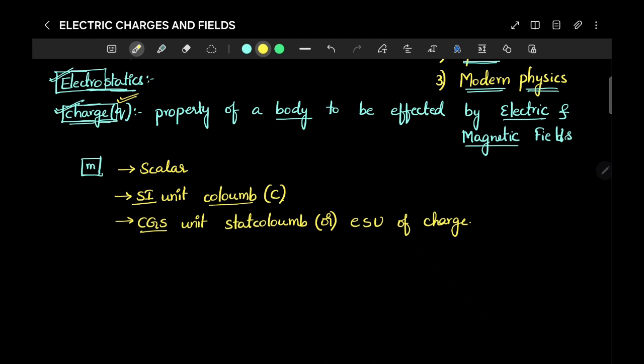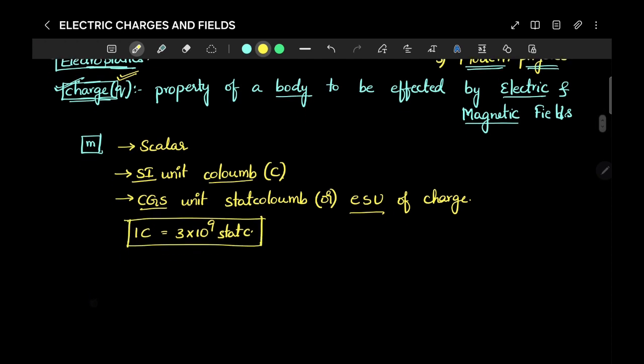In the SI unit, 1 Coulomb is equal to 3 into 10 power 9 stat Coulomb, or ESU. So that is the relation between the SI unit and the CGS unit of electric charge.